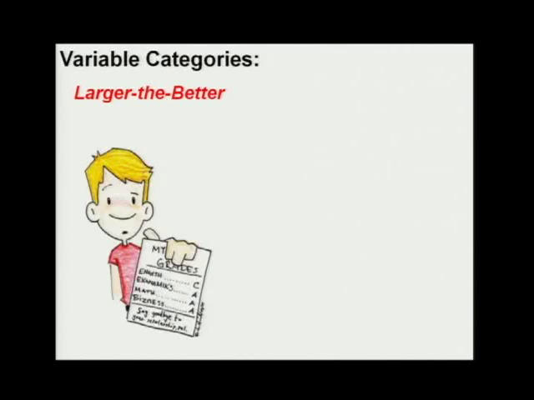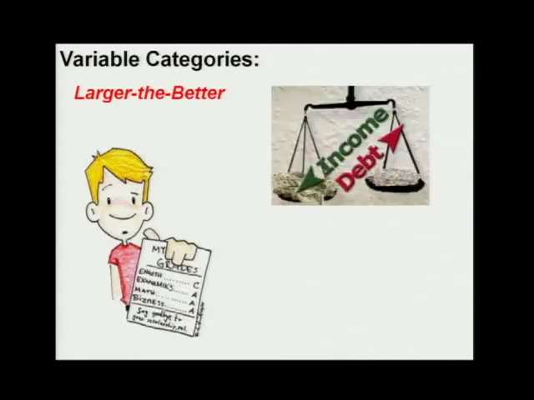Other variables will follow the larger the better category, and there are many variables that follow this category. For example, your grades, you would like them to be as large as possible. You want the highest grades in the class. So low grades are not desirable, and higher grades are desirable by all students. And what does that mean? It means it is a larger the better variable. Income and debt.